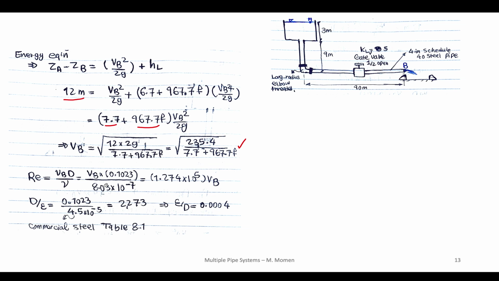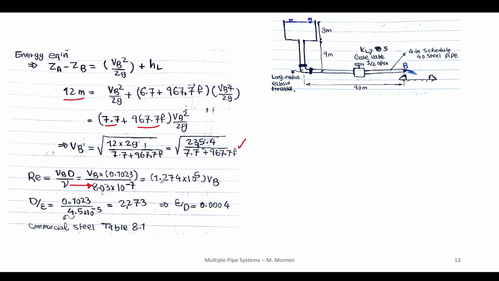So it is 8.03 times 10 to the minus 7, which is the viscosity over rho, the density of the water. So I just write it down here. And then I have VB multiplied by D, which is the diameter of this pipe. This is a 4-inch pipe, so it's going to be 0.1023 meter. Okay.